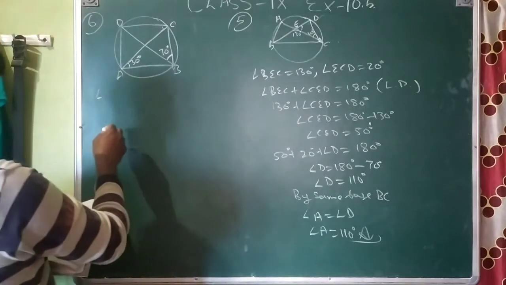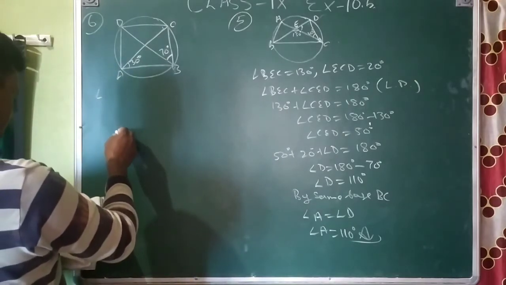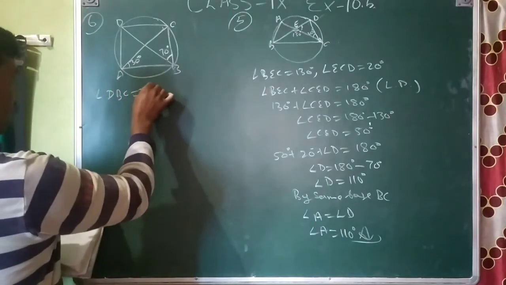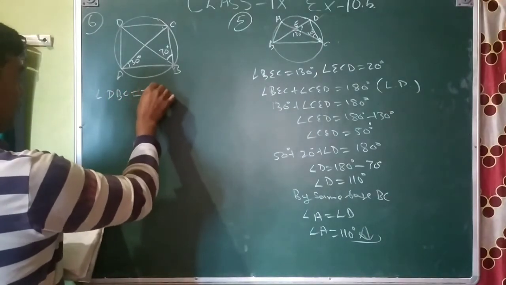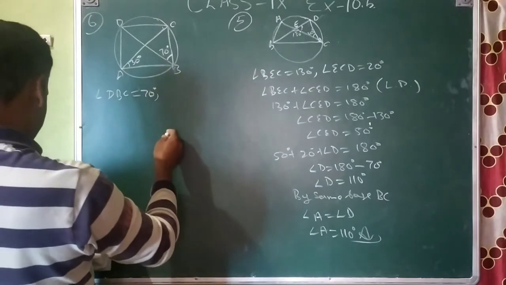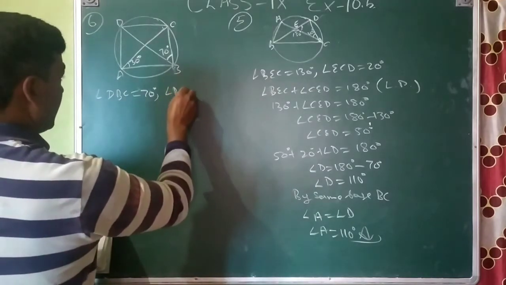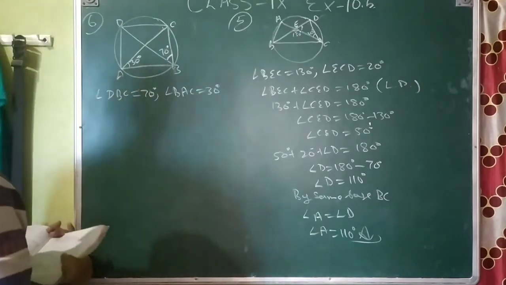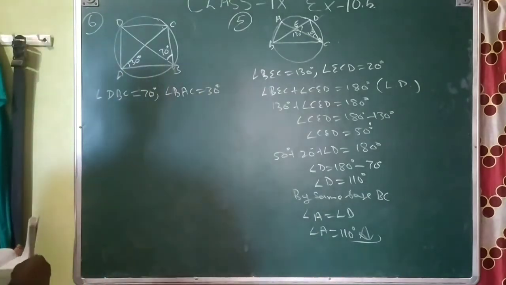First of all, we will write angle DBC is equal to 70 degrees, and angle BAC is given as 30 degrees. First of all, we will take the same base.